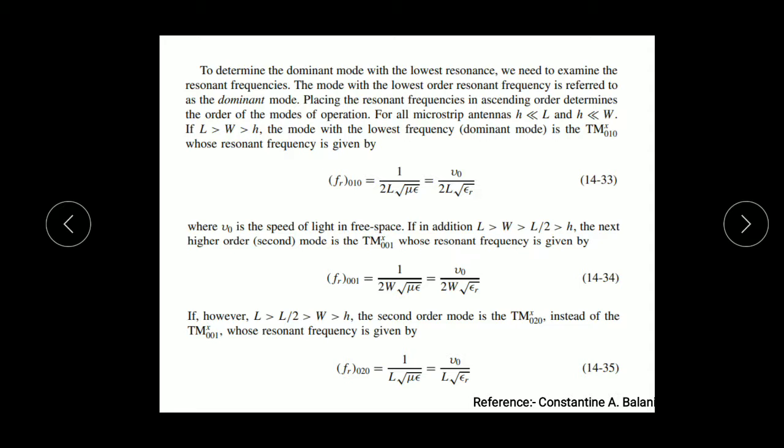TM010 mode, whose resonance frequency is given by these equations, where V naught is the speed of light in free space. In addition, if L is greater than W and W is greater than L by 2 and L by 2 is greater than H, the next higher order mode is the TM001, whose resonance frequency is given by this equation.